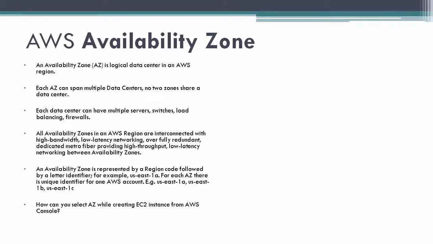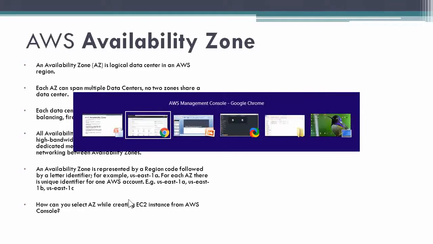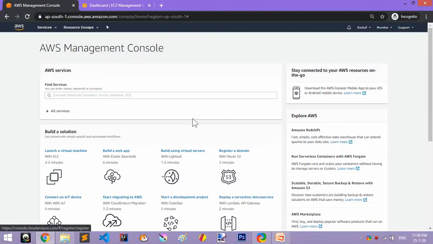So how can you select an AZ while creating an EC2 instance from the AWS console? In the previous slide, I showed you how you can select an AWS region while using any AWS service. Now I am going to show how you can select an availability zone. First you have to select your AWS region from here.